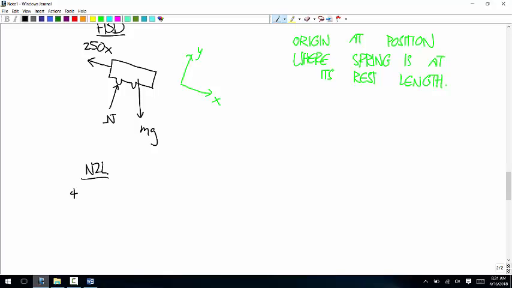This one is 4.905. This one is negative, I should remember that one, it comes up a lot, 8.66. No, less than that, 8.4.